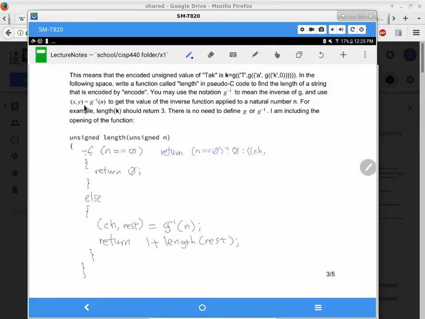So you can have ch, rest equal to G inverse applied to n, comma, and then 1 plus length of rest, close paren, and let's see, one more time, there we go, and then a semicolon and a close curly brace. That should do it as well.